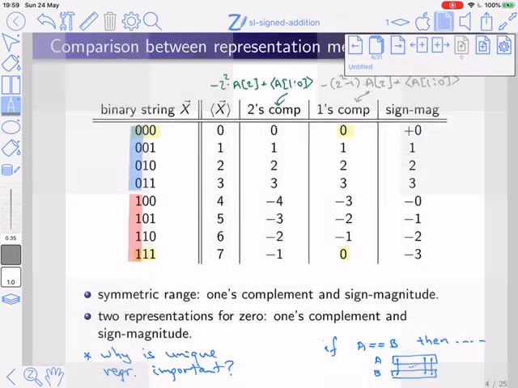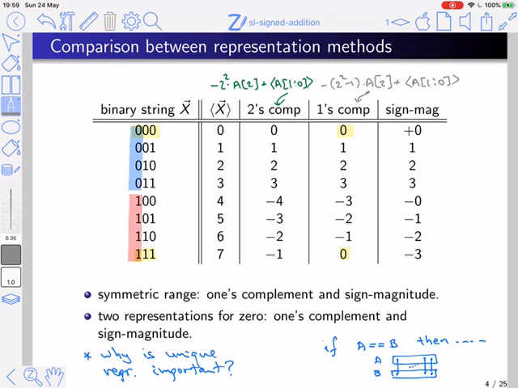Let's see some examples. Here we consider binary strings of length 3, and we consider the number represented by these binary strings in binary representation, the number represented by these strings in two's complement, in one's complement, and in sign magnitude representation. Let's start with sign magnitude representation.